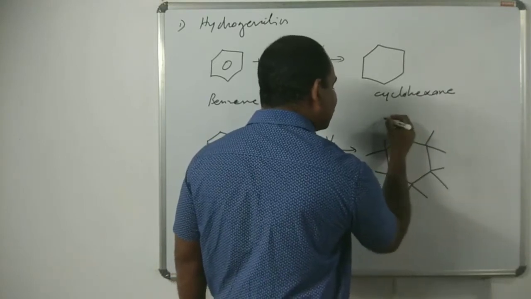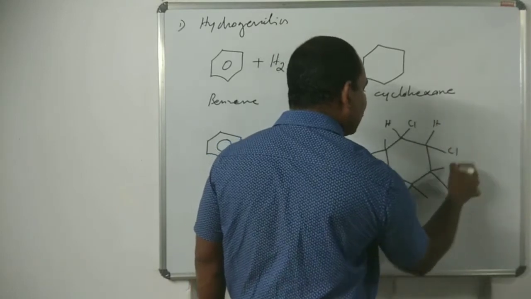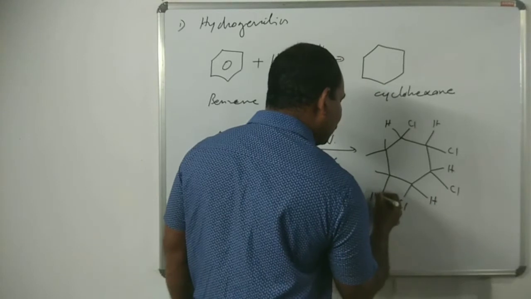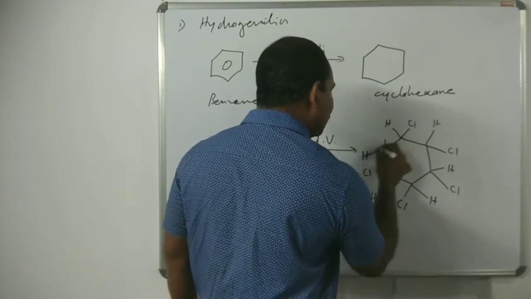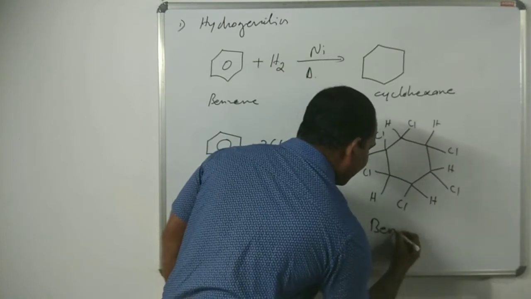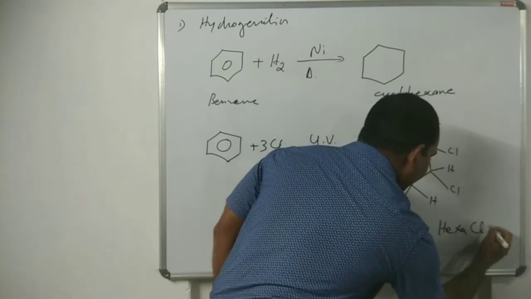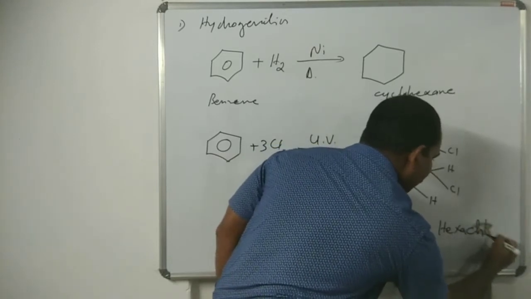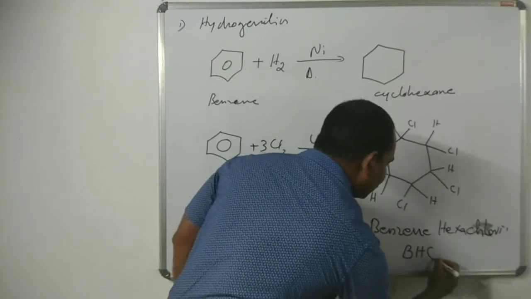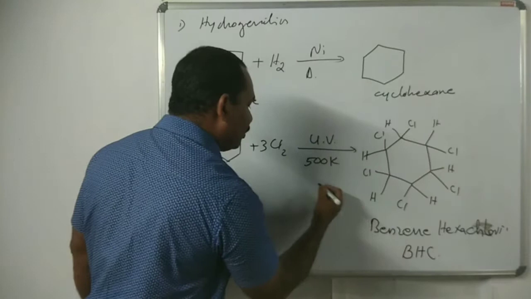Okay, benzene hexachloride, with hydrogen and chlorine on each of the six carbons. So this is benzene hexachloride, and it is shortly written as BHC. What is the formula of this compound?